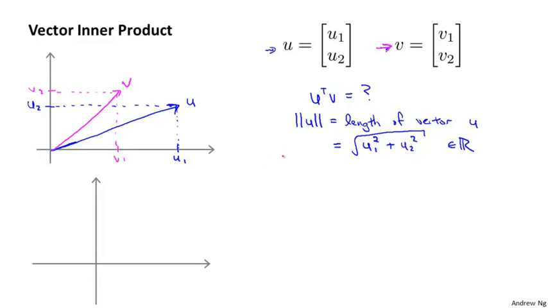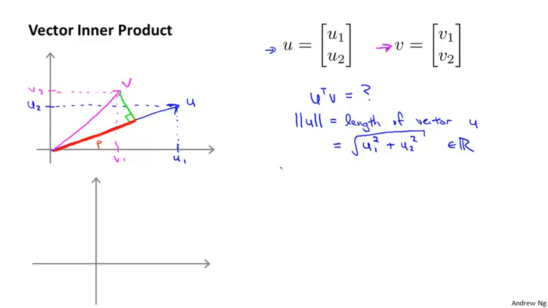We're going to take the vector v and project it down onto the vector u. So I'm going to take an orthogonal projection, or a 90-degree projection, so project it down onto u like so. And what I'm going to do is measure the length of this red line that I just drew here. So I'm going to call the length of that red line p. So p is the length, or the magnitude, of the projection of the vector v onto the vector u.